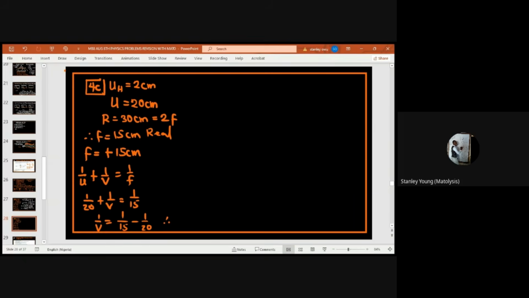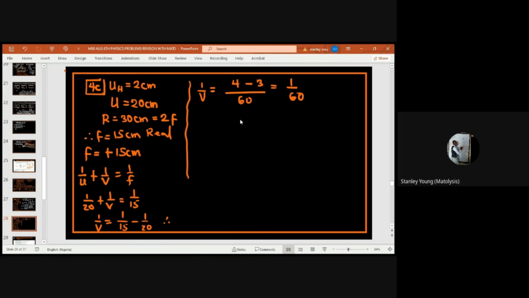Okay. So we have 1 over V to be equal to that. So what's the LCM there? You can use 60. 15 into 60 is 4. 20 into 60 is 3. So we have 1 over 60.